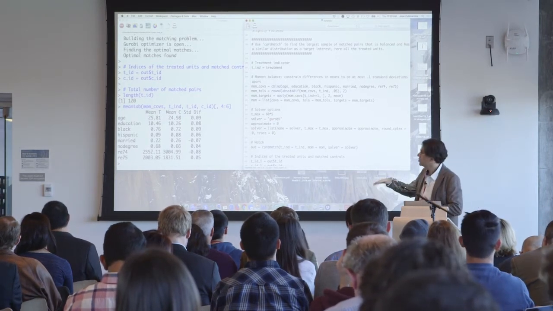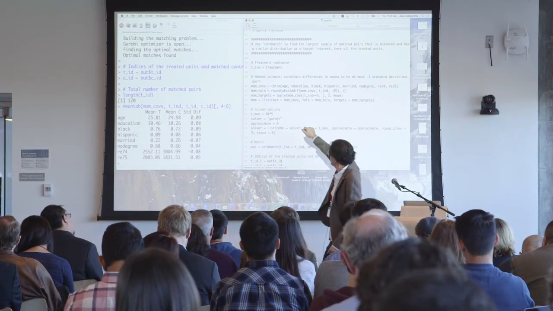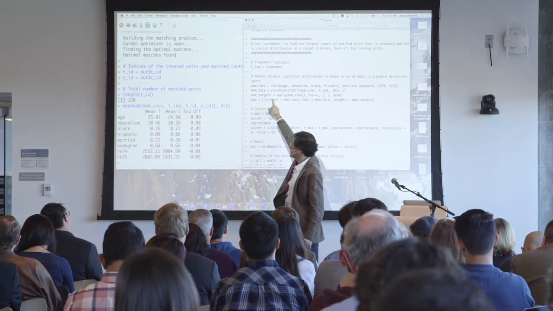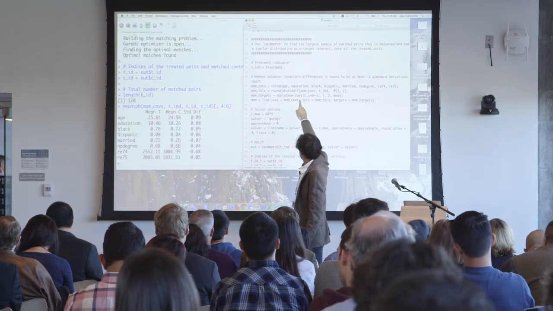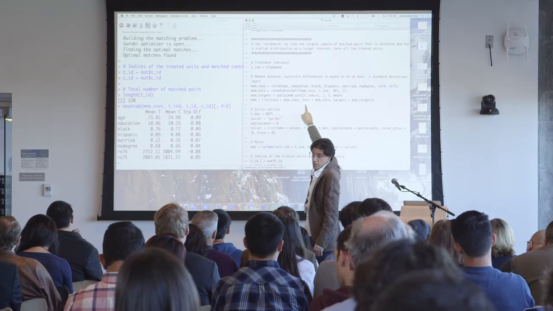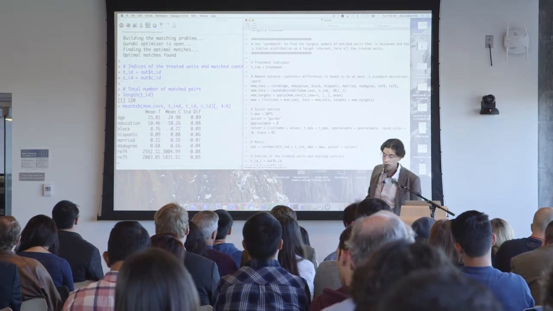And that is what we're going to do here. Everything is the same as before, but now we have added this parameter here, targets, which says that I'm going to target the means of the covariates in the treated group before matching. Okay?